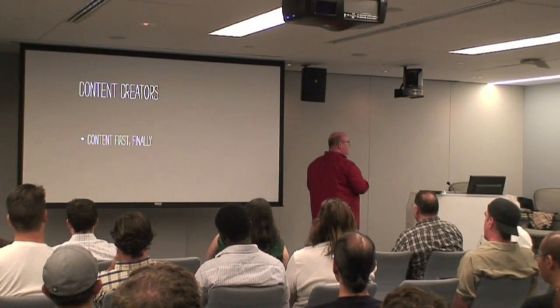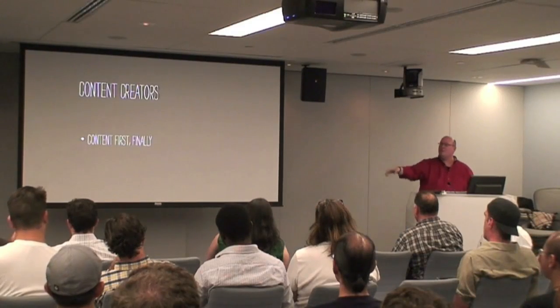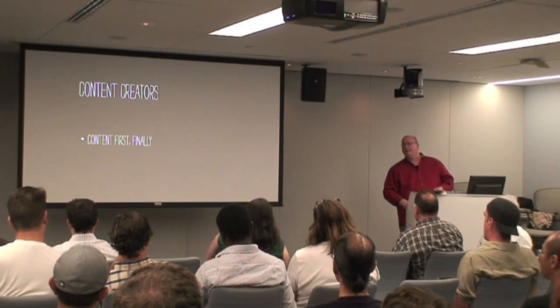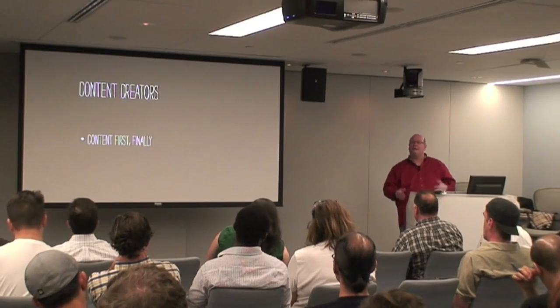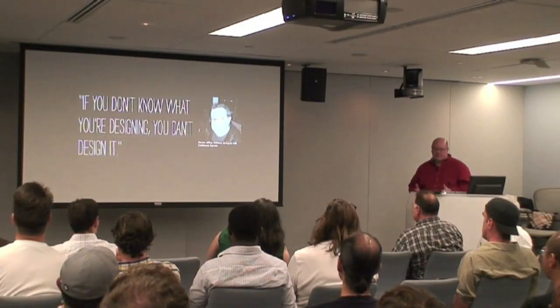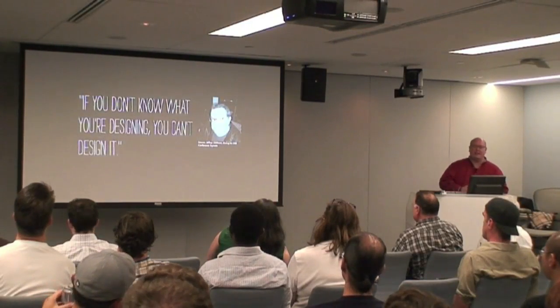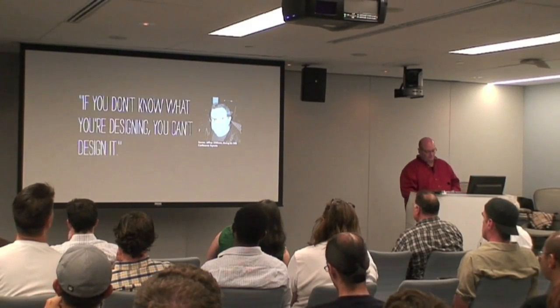And there's lots more like this. So now when we're actually building a site, there's no more lorem ipsum. We're done with that as well. Content finally becomes a first-class player for us, and now we can develop around it. Because as our friend Jeffrey Zeldman said, if you don't know what you're designing, you can't design it.